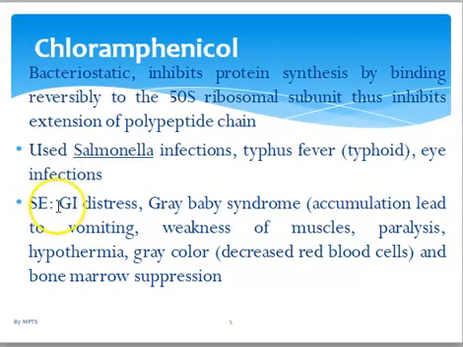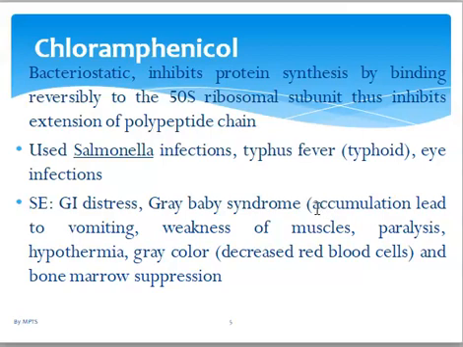Side effects we have GI distress and grey baby syndrome. Why? Because neonates have not yet developed the metabolism for chloramphenicol, which is glucuronic acid conjugation by the glucuronosyl transferase enzyme.